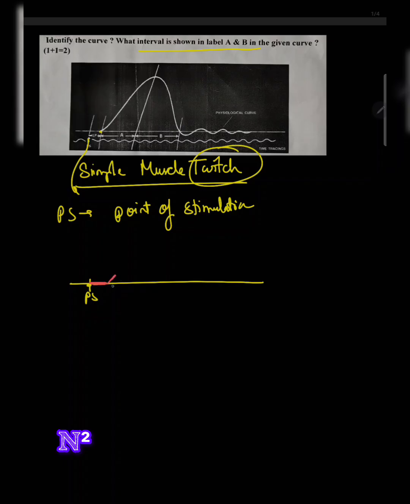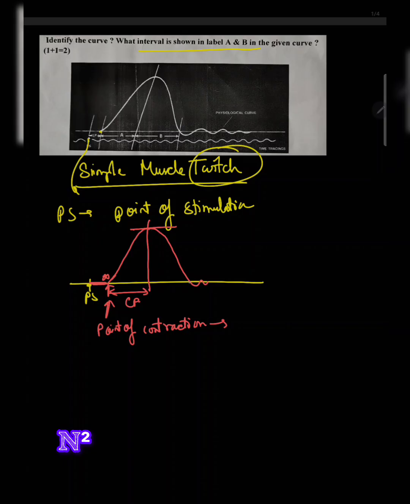As soon as it goes away from the baseline till it reaches the peak, this particular point is called the point of contraction. From this point the contraction starts and goes till the peak. From this point to this point is called the contraction period.